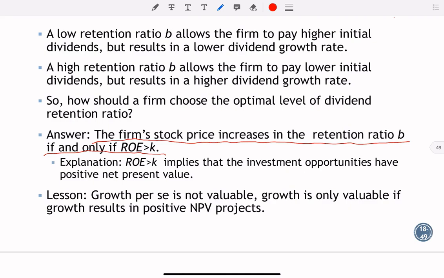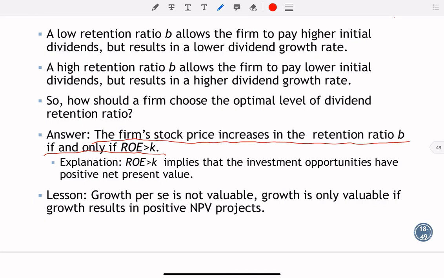We could discuss this during office hour, but now I just want to give you the result. It's actually fairly intuitive. This result says that as long as your return on equity is larger than your cost of capital, then your stock price will increase if you invest more, right?